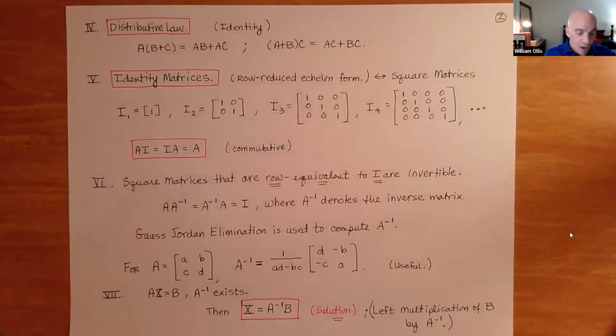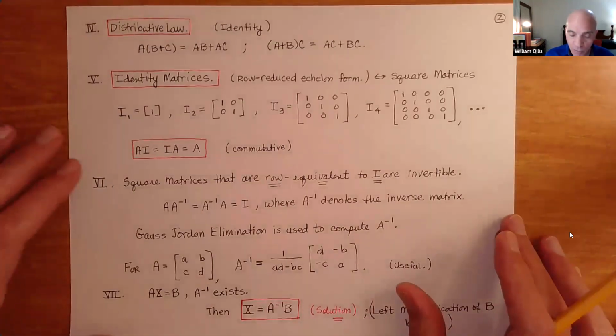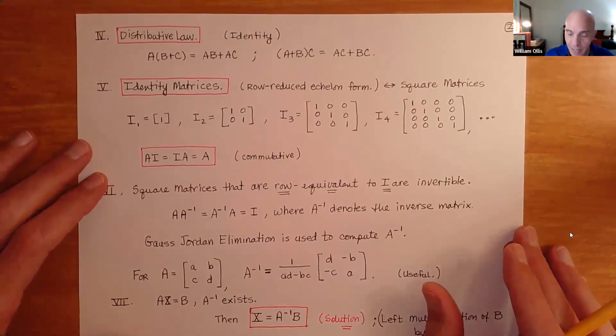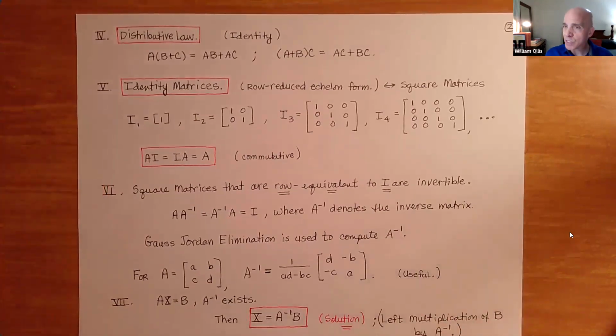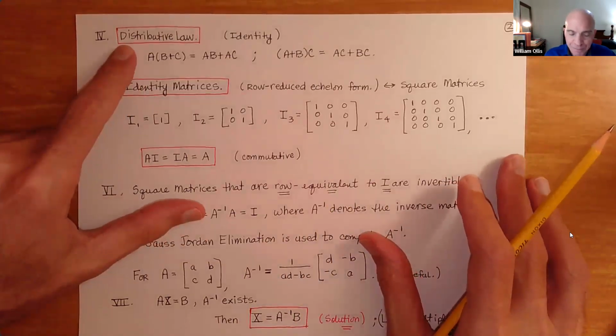Now, one thing that we want to talk about is a law that we use often in real analysis when we do our college algebra. That is the distributive law.